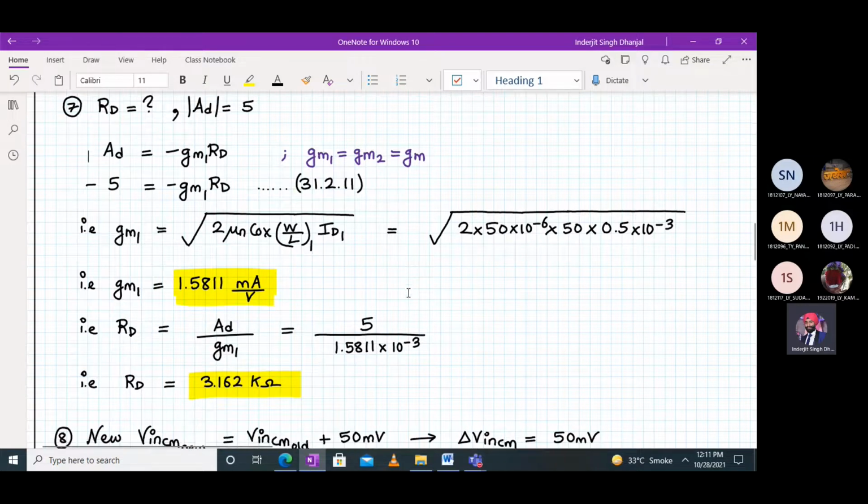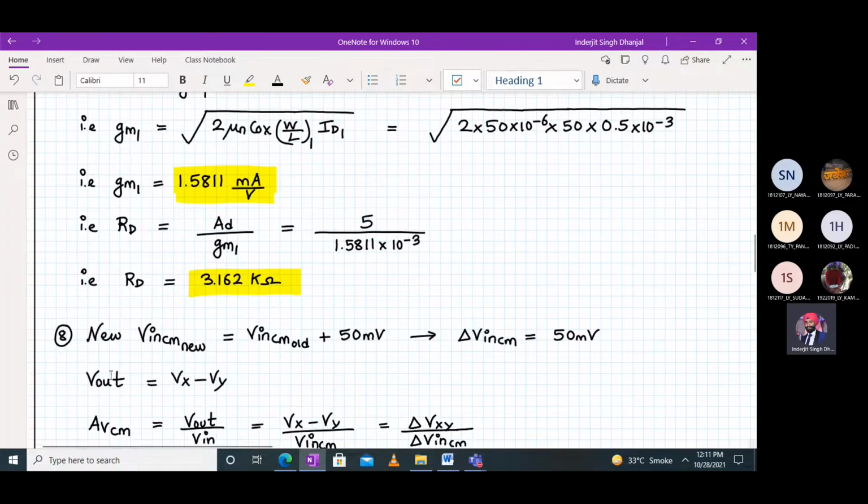Okay. Now in the third case, they have given a new common mode input voltage, which is 50 millivolt higher than the previous value. So if I subtract Vin,CM new minus Vin,CM old, you will get delta Vin,CM, the common mode input voltage difference, equal to 50 millivolt.